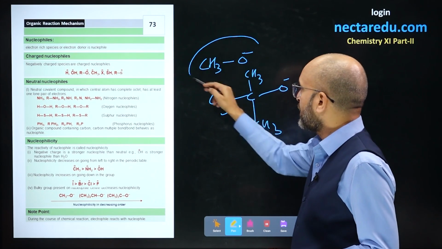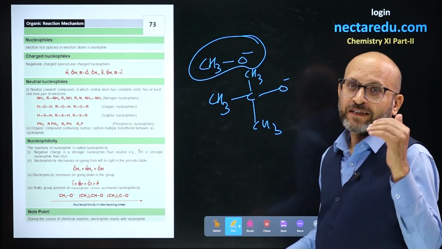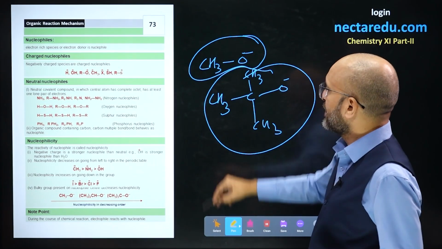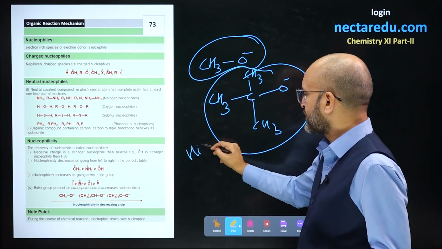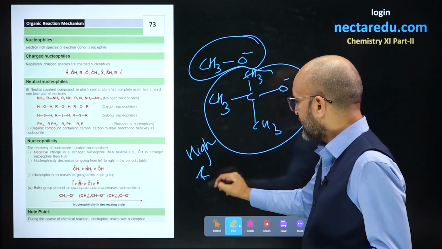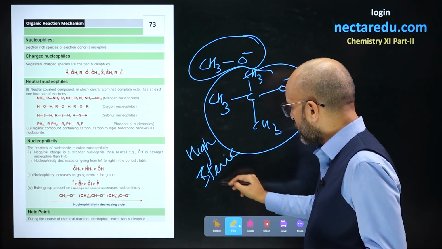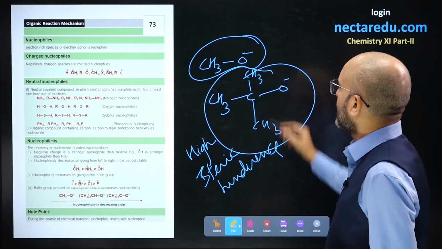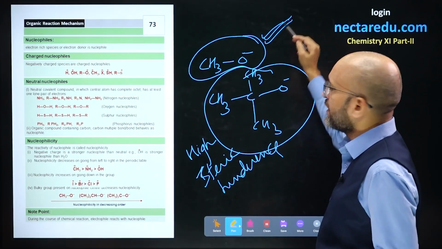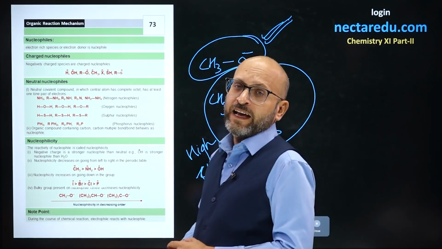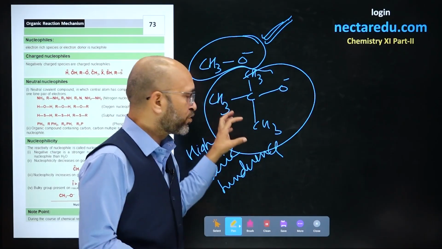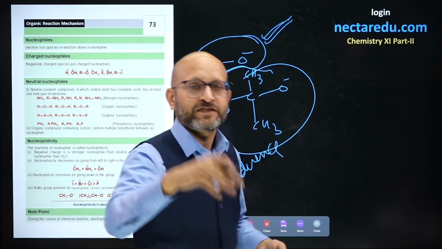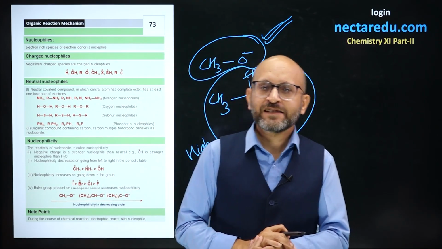I think you will say the smaller one will be a better nucleophile because the other will have high steric hindrance, bigger size, high steric hindrance. The steric hindrance is the hindrance caused due to bigger size. So out of these two, this will be a better nucleophile. The smaller one will be a better nucleophile. If you have bigger groups, steric hindrance will increase and nucleophilicity will decrease. So this is it about nucleophiles. Thank you.